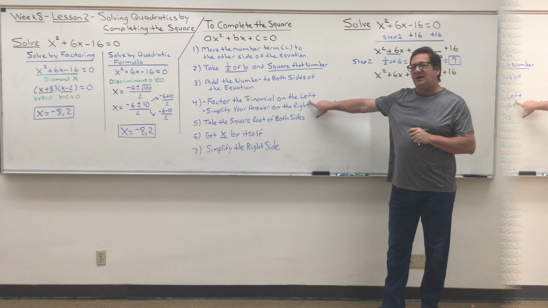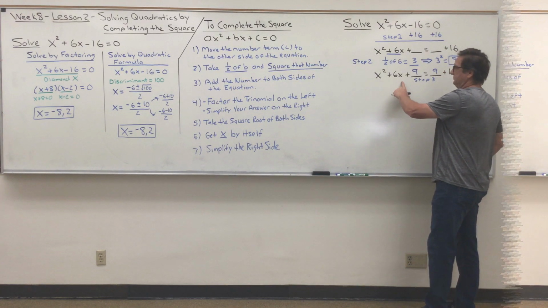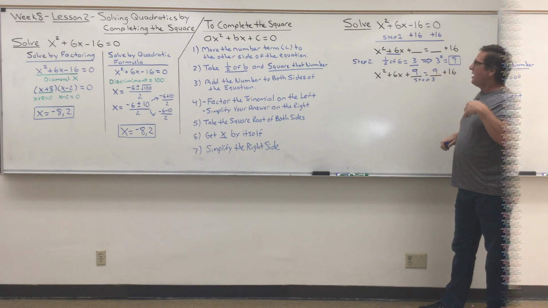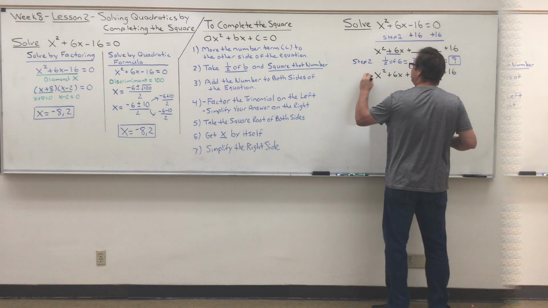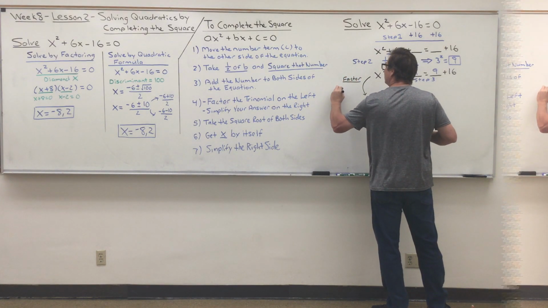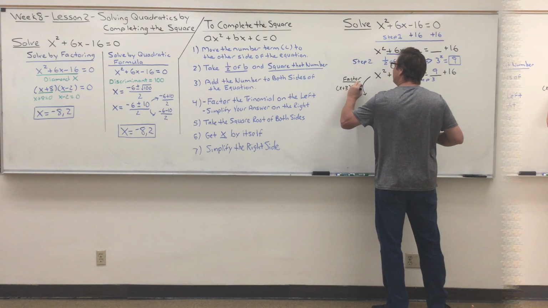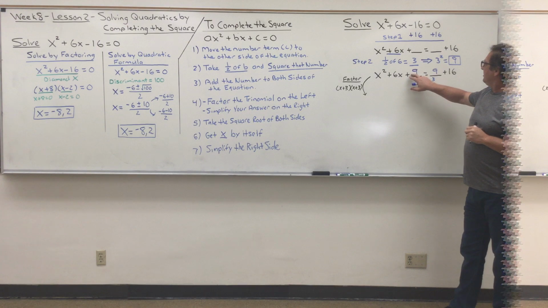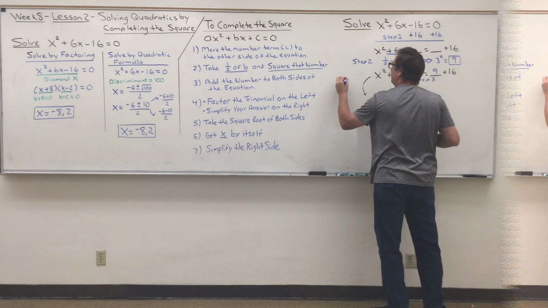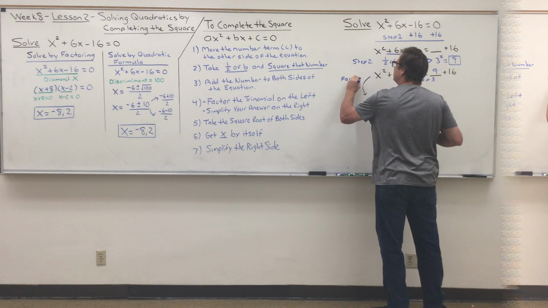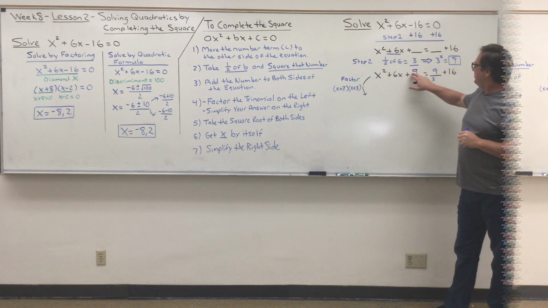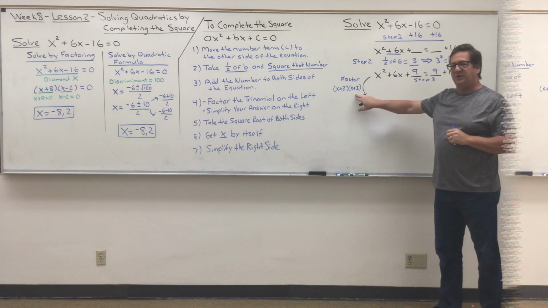Factor the trinomial on the left. Okay? So we're going to factor x squared plus 6x plus 9. I'm not going to show the work, but we're going to pretend. We're going to factor, so let's do the step. So 2 factors of 9 that add up to 6 are 3 and 3.